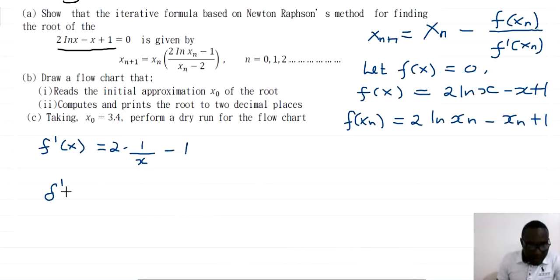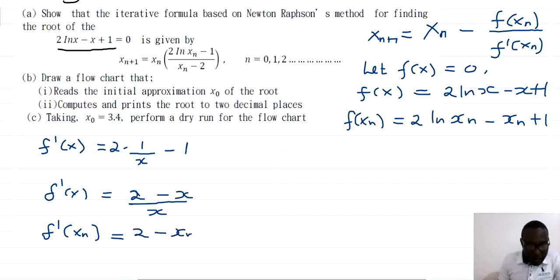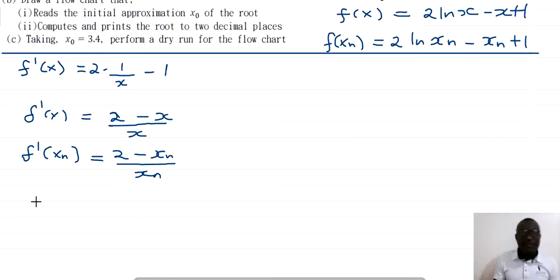So f derivative of x is now equal to 2 over x minus 1. I'm going to get the LCM there: 2 minus x all over x, and then f derivative of xn is equal to 2 minus xn divided by xn. Then we are going to bring the Newton-Raphson's formula and you substitute there.